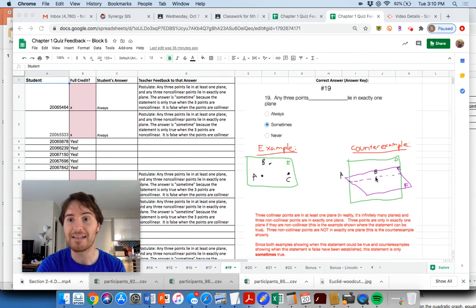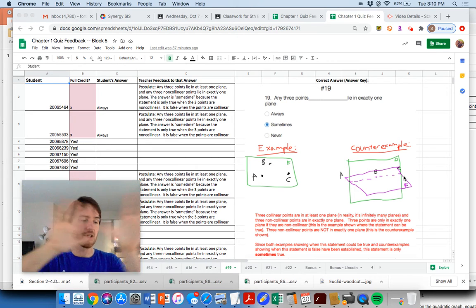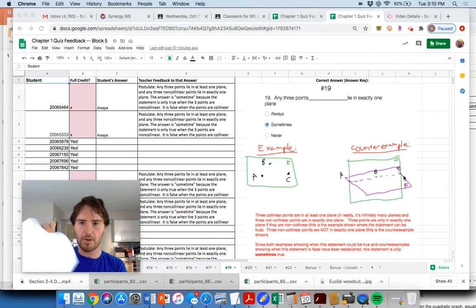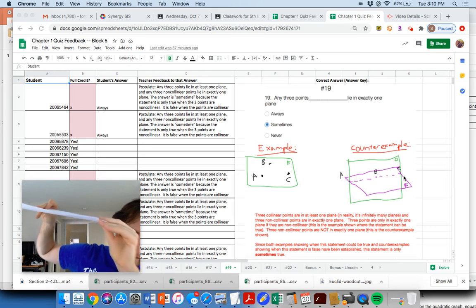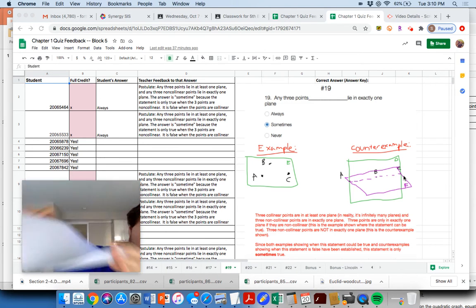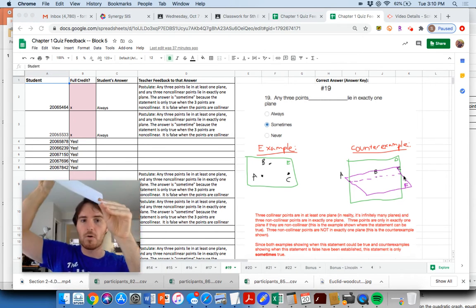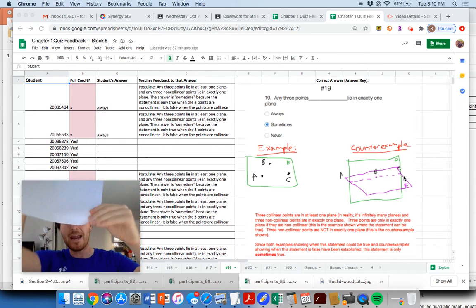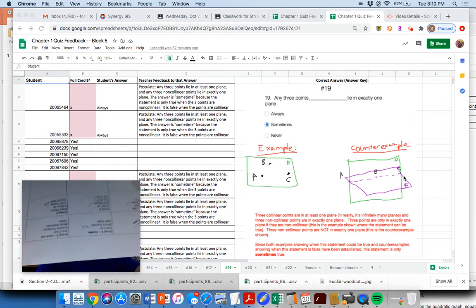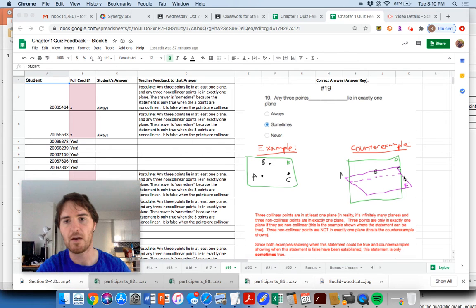So this is my example of 3 collinear points, A, B, and C. Sure, they'd be on the plane that is the computer screen, but they would also be on another plane slicing through those 3 points. Any rotation of the computer screen, we rotate it a little bit, and we're good to go.